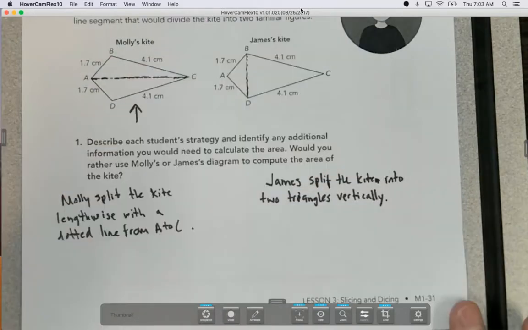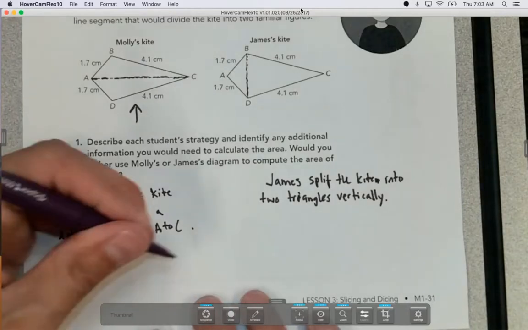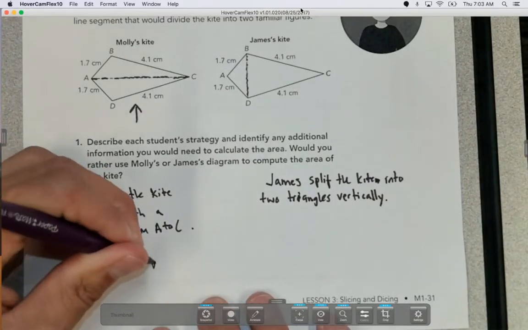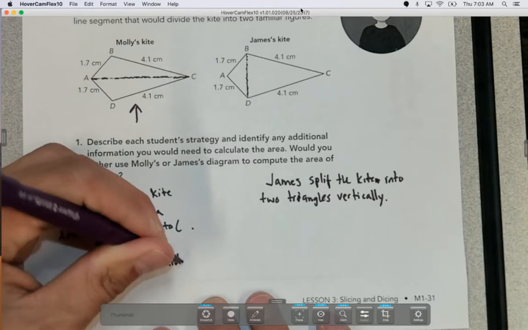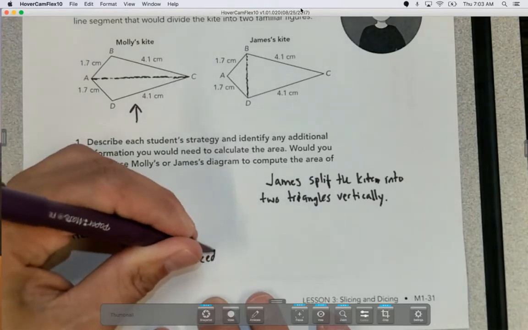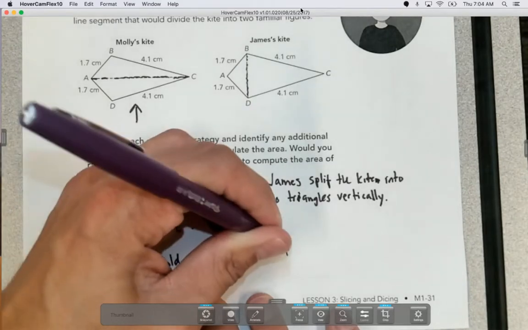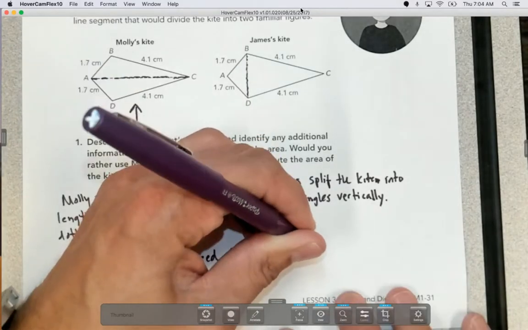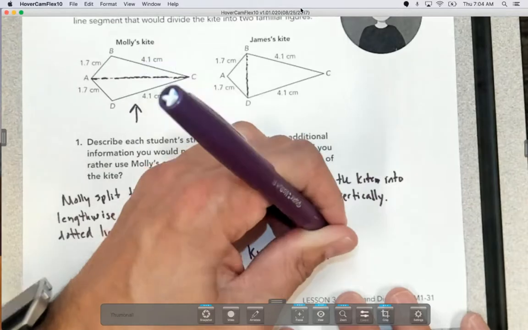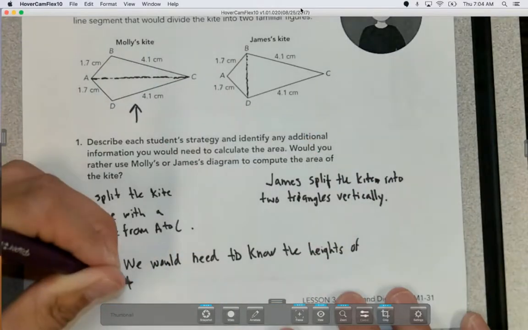Okay. For both of them, we would need to know the heights of the triangles.